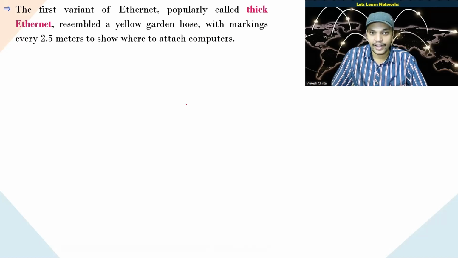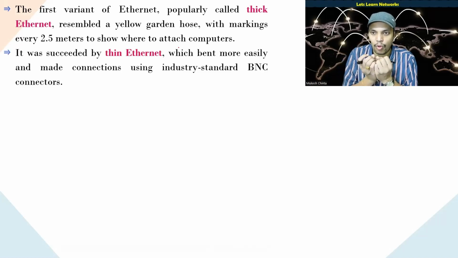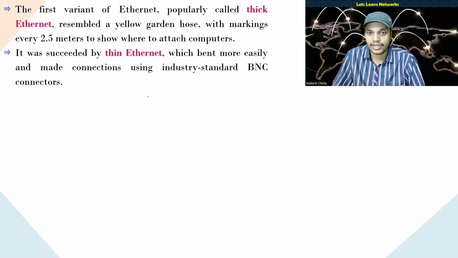There is a second variant called thin Ethernet, which is slightly smaller in size and can be bent more easily. It is much more flexible when you compare it with thicknet, or thick Ethernet.